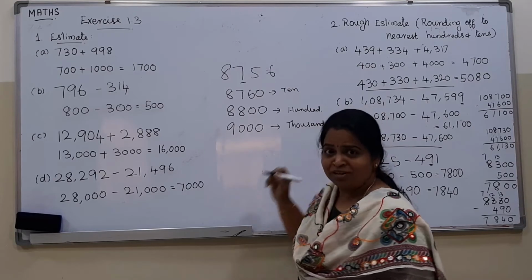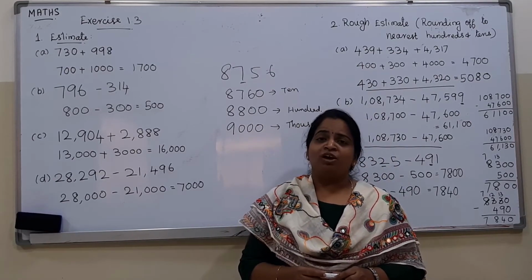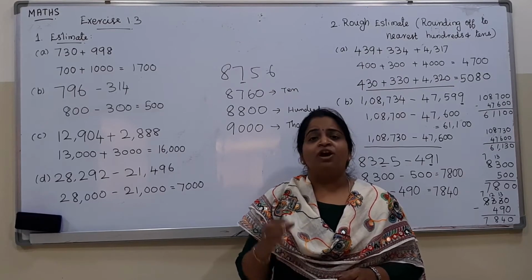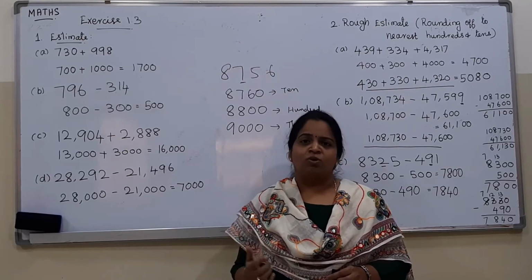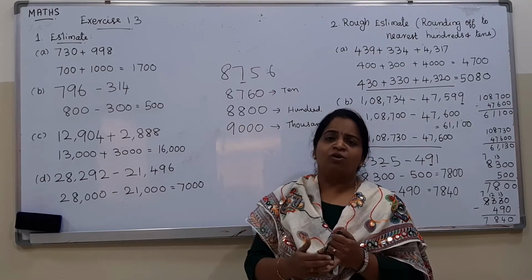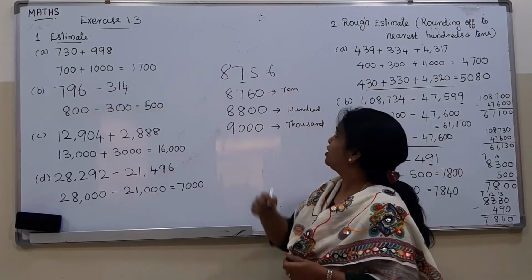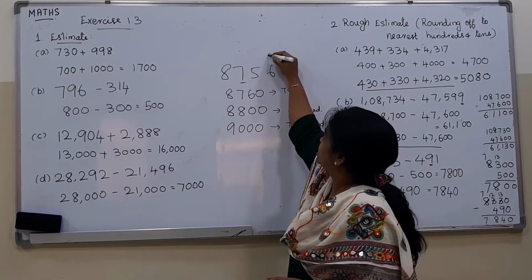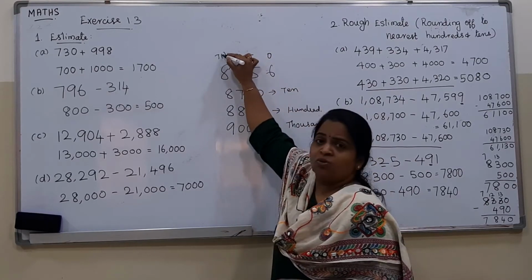So I will repeat it again. For estimating the products, we should know the basics of rounding off to the nearest 10, 100 and 1000. Rounding off to the nearest 10, what do you have to check? This is the ones place, then 10, 100, 1000.